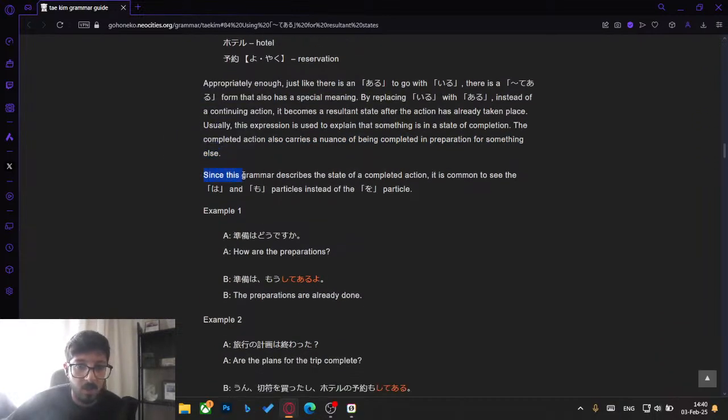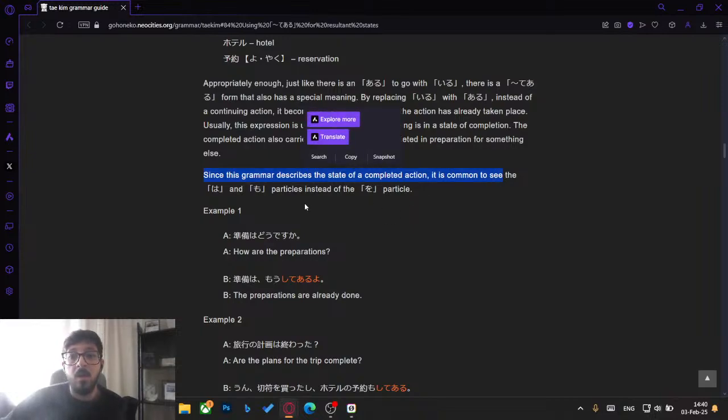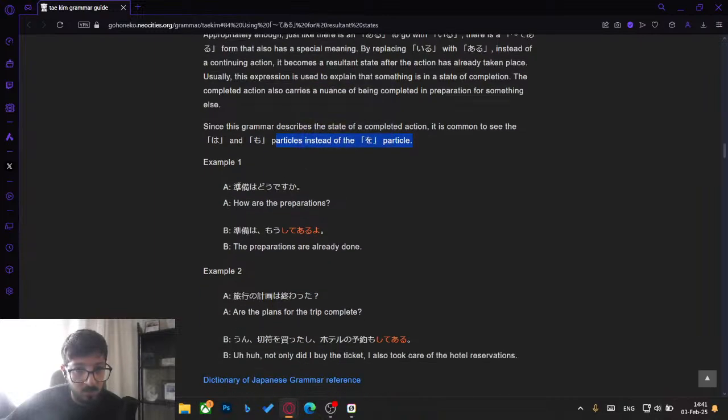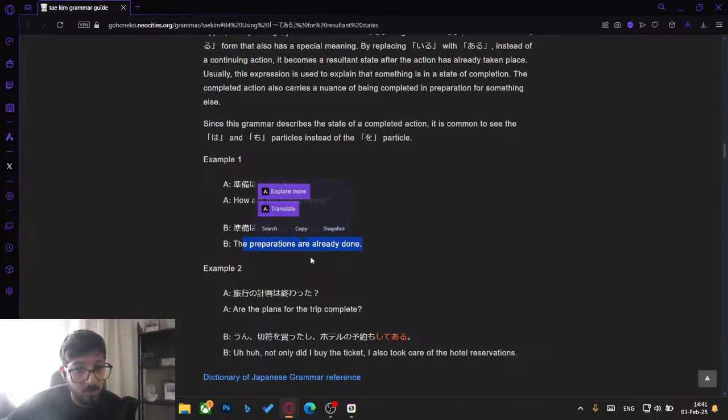Yeah. I understand this by now. Since this grammar describes the state of a completed action, it is common to see the wa and mo particles instead of o particles. Junbi wa dou desu ka? How are the preparations? Junbi wa mou shite aru yo. Preparations are already done.